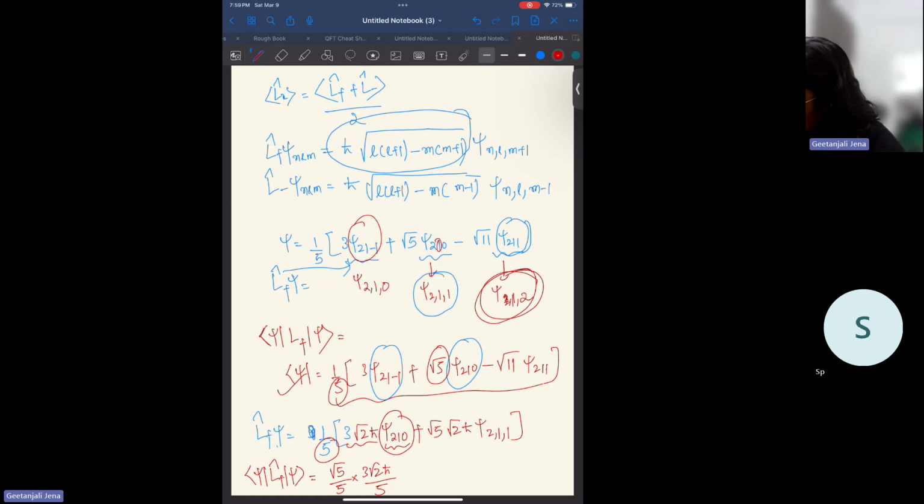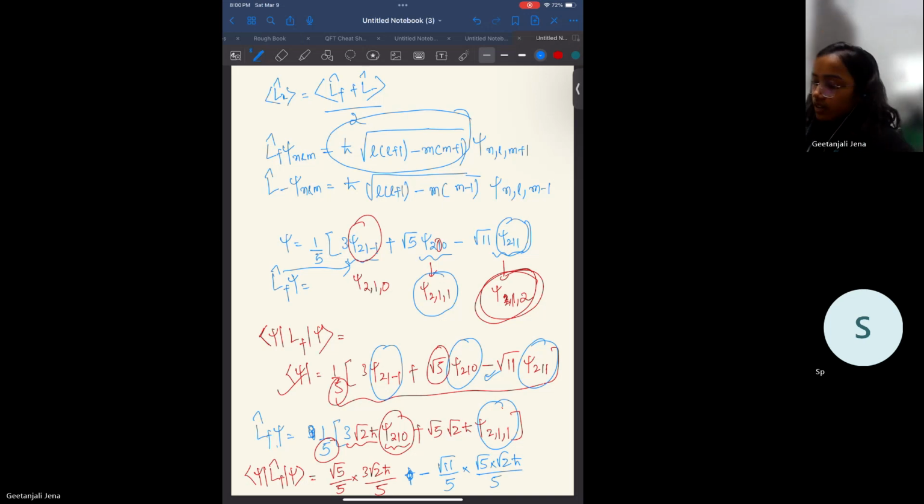And there is a term 2 1 1. So 2 1 1 is here and there is a 2 1 1 here. There is a minus here, right? So there will be minus root over of 11 by 5, root over of 5, root 2 h cut by 5. So this is the final expression for the expectation value of L plus.